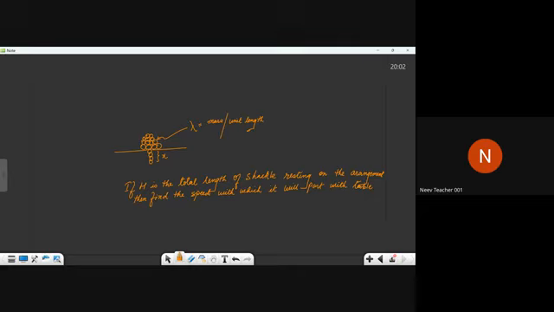I'll just help you write the equation. The equation that we got, I'm writing it for you. ma is equal to what we wrote: force external plus v relative into dm by dt. This is what we wrote.